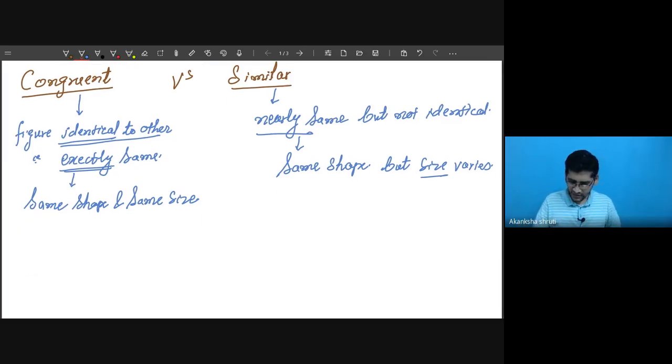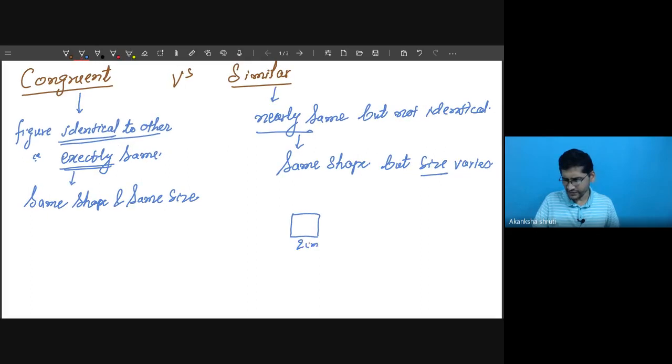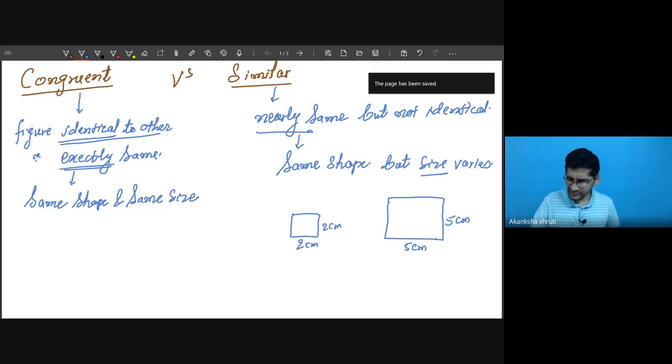So let us understand. If we draw a square, maybe say this side is 2 centimeter, this is 2 centimeter, and if we draw another square with side length 5 centimeter and 5 centimeter, here it is a square, which means the inherent property of a square will be followed: all the sides are equal.